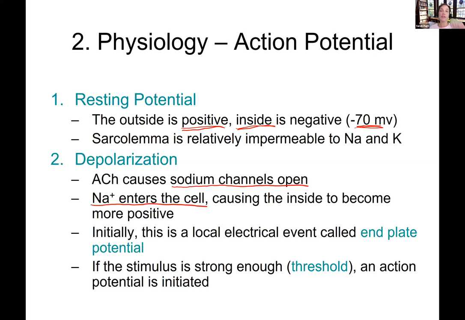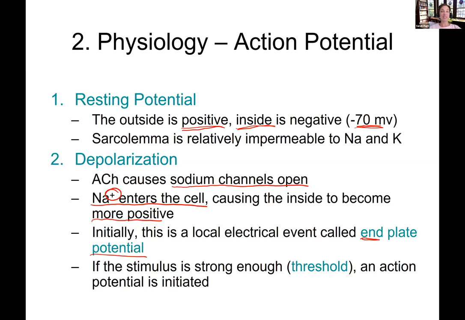I want you to think about the charge that sodium has. This is an ion and it has a positive charge. So you are bringing a positive charge into the cell and it's going to cause the inside of that membrane to become more positive. Now, initially, this is only happening where we have acetylcholine receptors, so it's only going to happen at that motor end plate. This is why sometimes we'll call this the end plate potential.